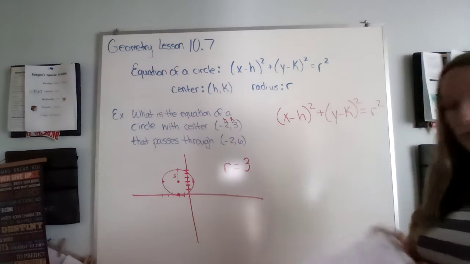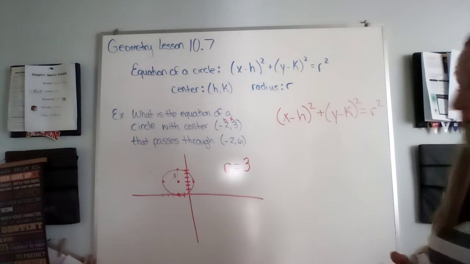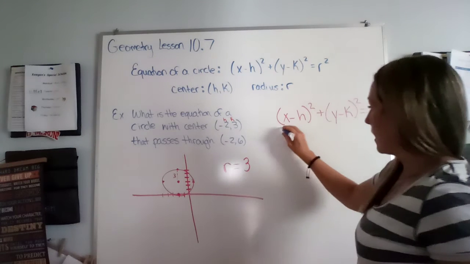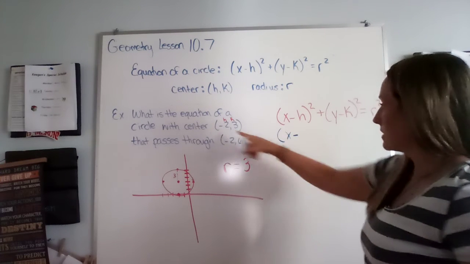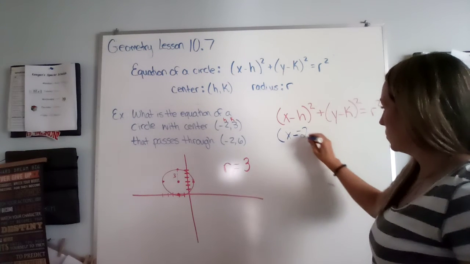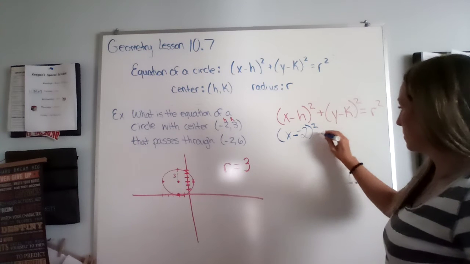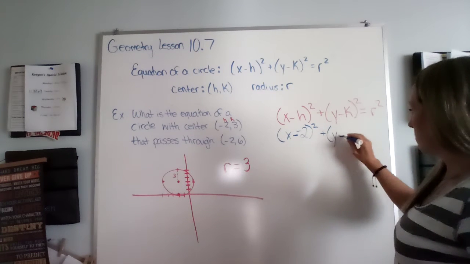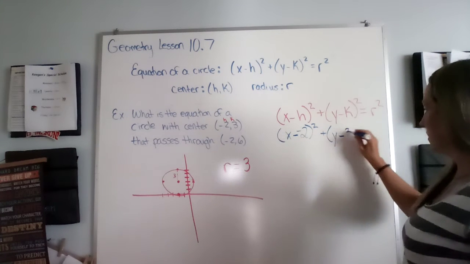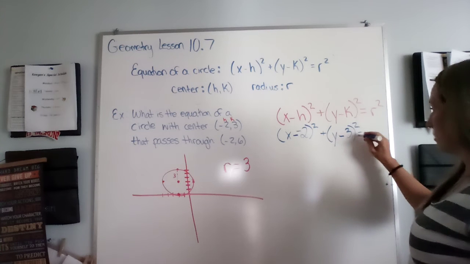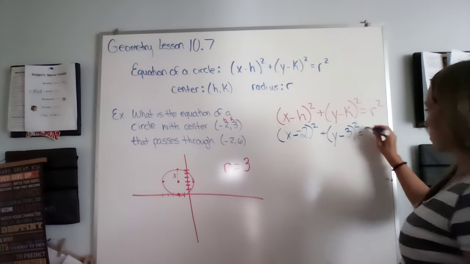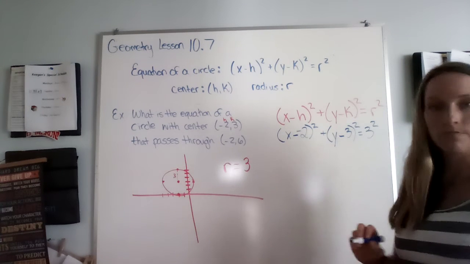Now I just have to substitute in the information I know and do some simplifying. All right, so I'm going to have (x - (-2))² + (y - 3)² = 3².